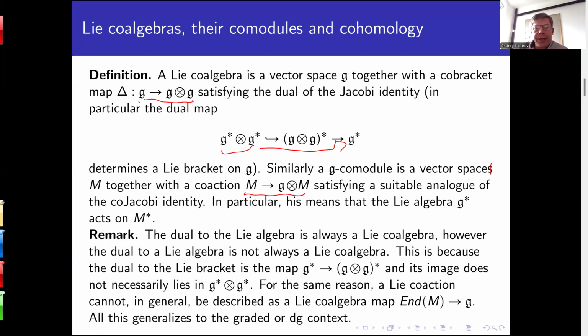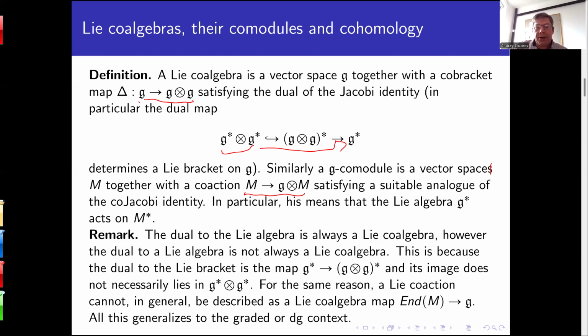There is a typo here. Again, it means in particular that the dual Lie algebra G star acts on M star. I'm not going to spell out that axiom precisely, but it's easy to write down, particularly because it's just the dual of the ordinary axiom for the action of a Lie algebra on a vector space.